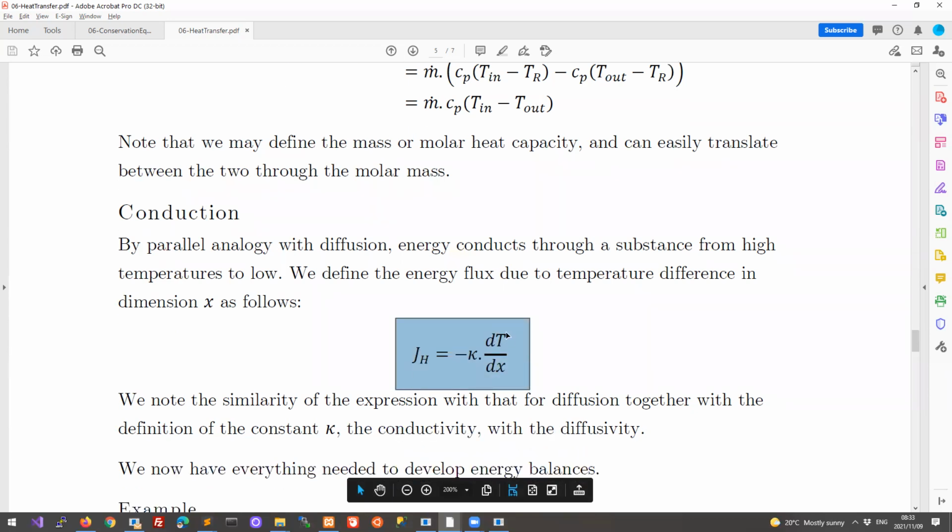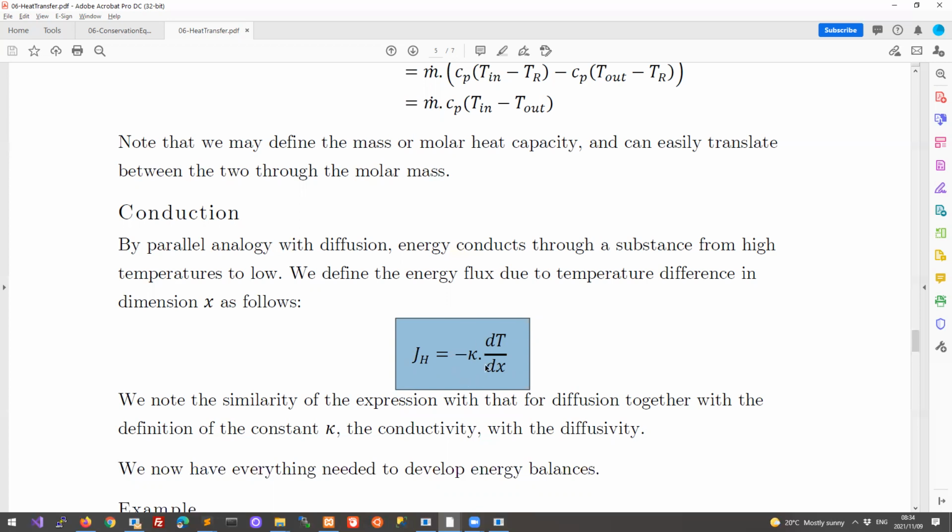And so we can say that the flux of energy is equal to minus the gradient of temperature. If the temperature difference is in the x direction, then minus dT/dx is proportional to the flux. And then we need some kind of constant that will help us translate the energy flux to a temperature gradient, and that is simply the conductivity. Any substance has a certain conductivity associated with it, and the conductivity tells us the tendency for a system to transmit energy through it.